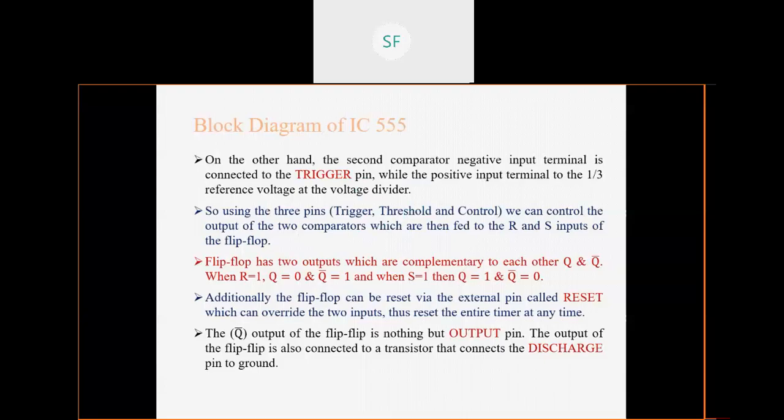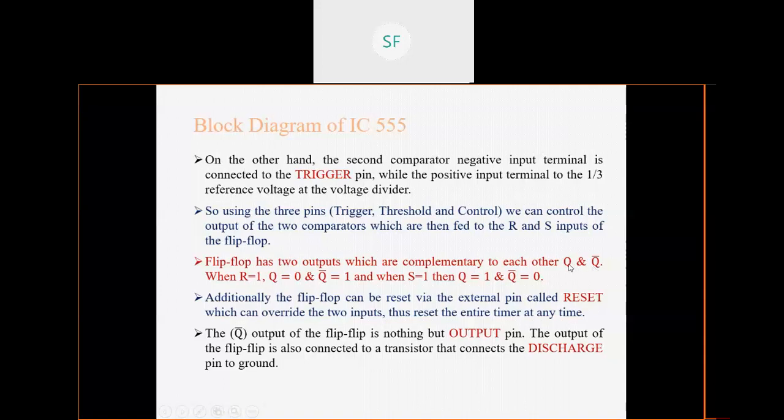Now flip-flop has 2 outputs which are complementary to each other, that is Q and Q bar. Flip-flop will have 2 inputs, R and S, and 2 outputs, that is Q and Q bar. Always remember, the values of Q and Q bar will always be complement to each other. अगर एक की वैल्यू 1 होगी तो दूसरे की वैल्यू will be 0.